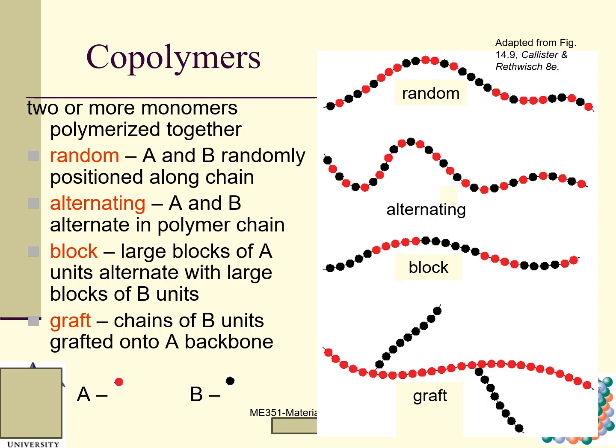A and B alternate in a polymer chain. Block means large blocks of A units alternate with large blocks of B units. And graft means chains of B units grafted onto an A backbone. So this is called block, and this is called graft.